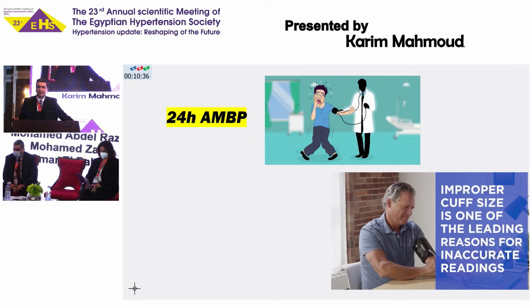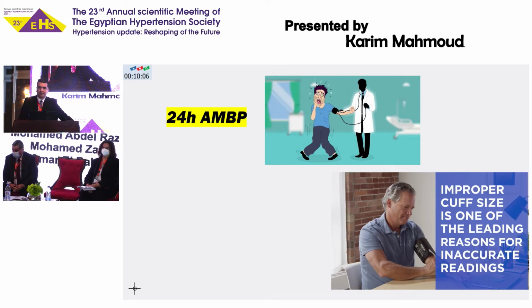Also, it can exclude cases of pseudo-resistance, where the patient repeatedly has a high blood pressure during office blood pressure measurement, however this was wrong. This can happen with the use of a small cuff size, leading to false elevation of blood pressure, or not letting the patient rest for at least 5 to 15 minutes before measuring the blood pressure.